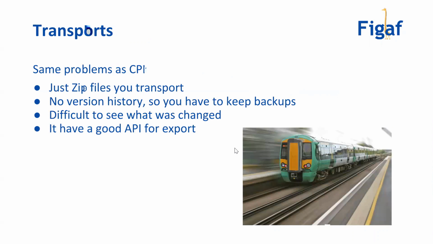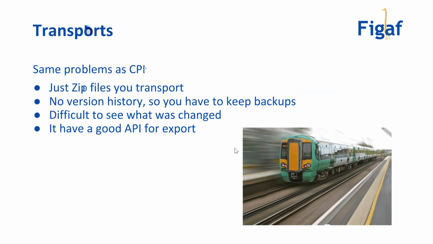Transport, yeah, it was a little the same as CPI. You could only transport one flow at a time, and that was pretty okay. We didn't have a problem with that.